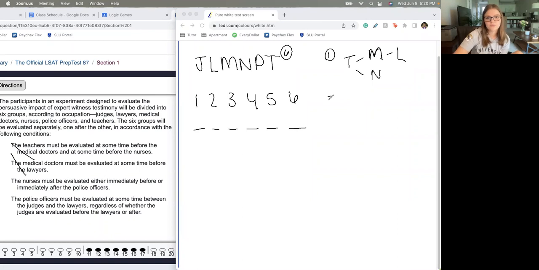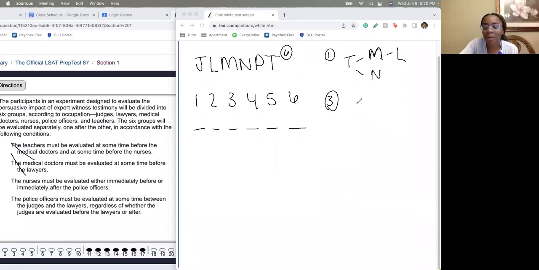So that's rule 2. Rule 3 says the nurses must be evaluated either immediately before or immediately after the police officers. Who wants to tell me how they would diagram this one? One thing I would like to note is that it says the nurse must be evaluated immediately before or immediately after.